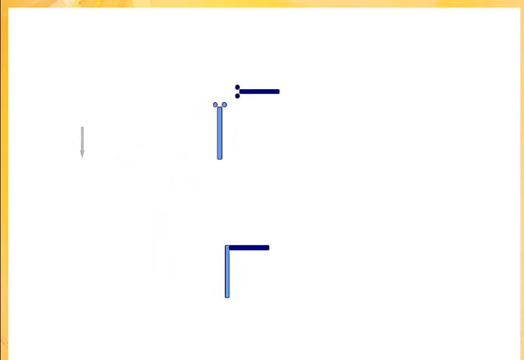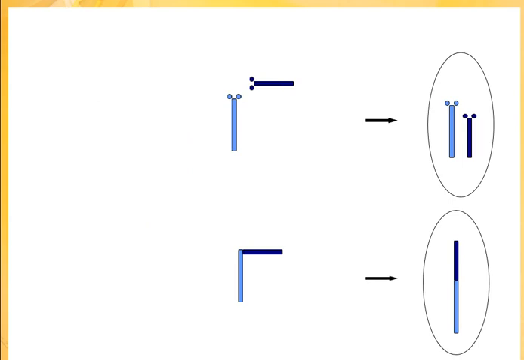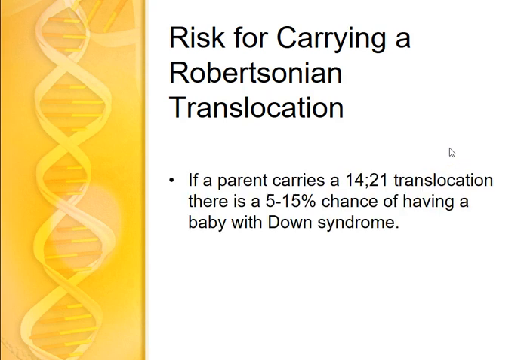But when we have a 14-21, here we have, this is adjacent, but if we have alternate, if the 14-21 goes with the 21, we can end up with 2 copies of 21 in the cell.